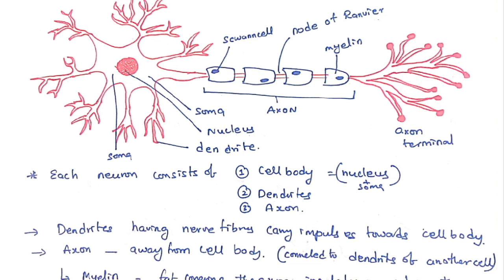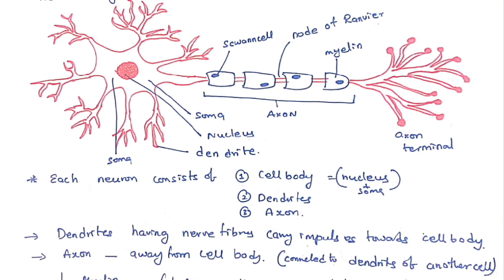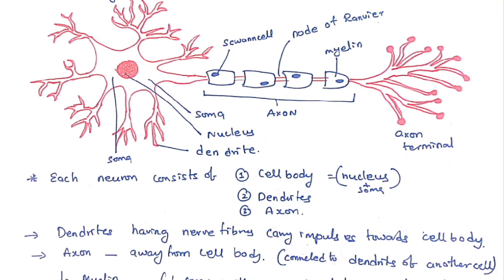In this way the impulses, that is, information, are transferred from one neuron to the other neuron. Mostly these dendrites carry the information towards the cell body, whereas the axon carries the information away from the cell body. In turn, it gives the information to the dendrites of the other cell.